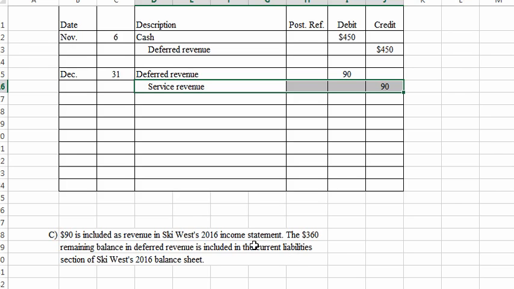In the $360 remaining balance in deferred revenue, see, we had a $450 balance in deferred revenue. It was decreased with the debit for $90. So we have a remaining balance of $360 in deferred revenue, and that's included in the current liability section of Ski West 2016 balance sheet.